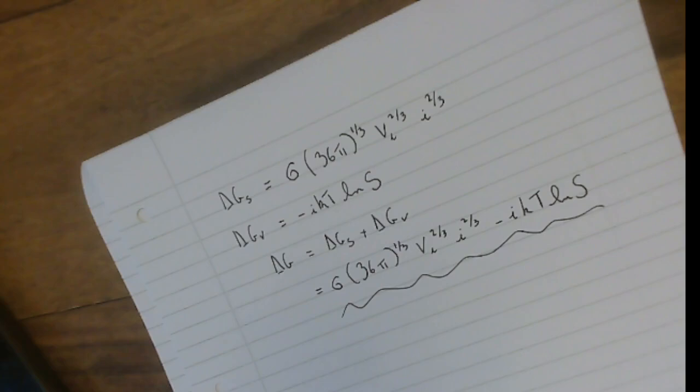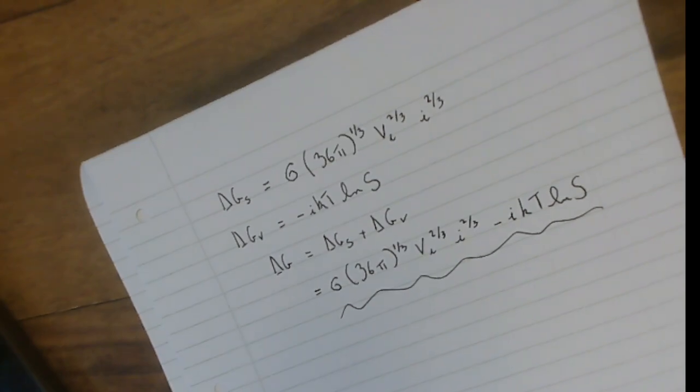Okay, now we want to find the size of the critical cluster. So we want to find where this free energy barrier has a maximum, because that's what defines the free energy of the critical cluster.